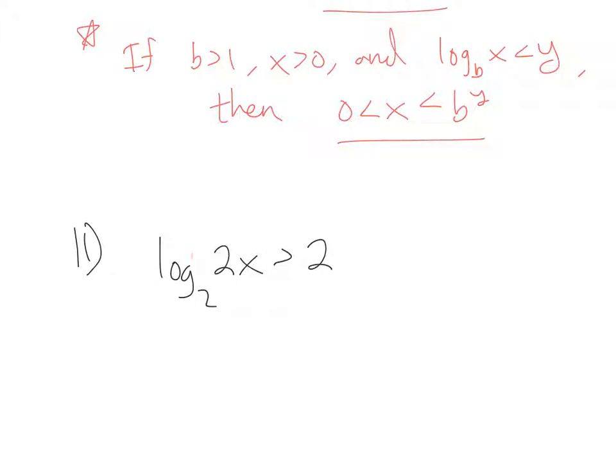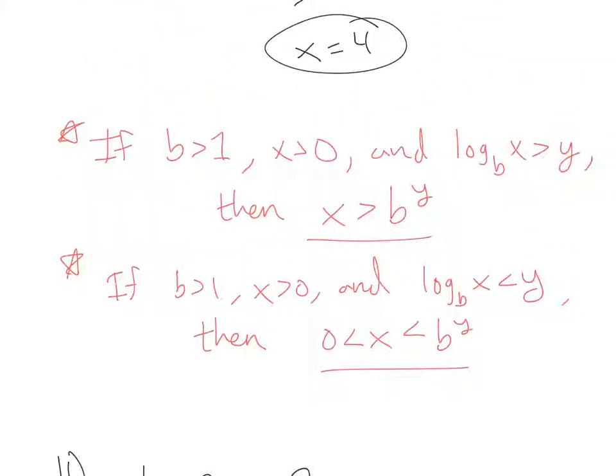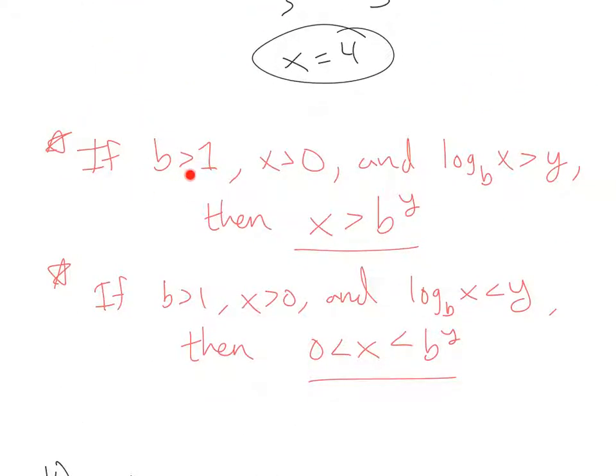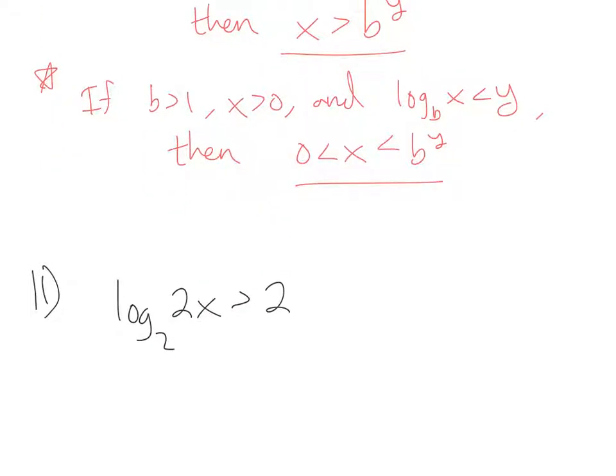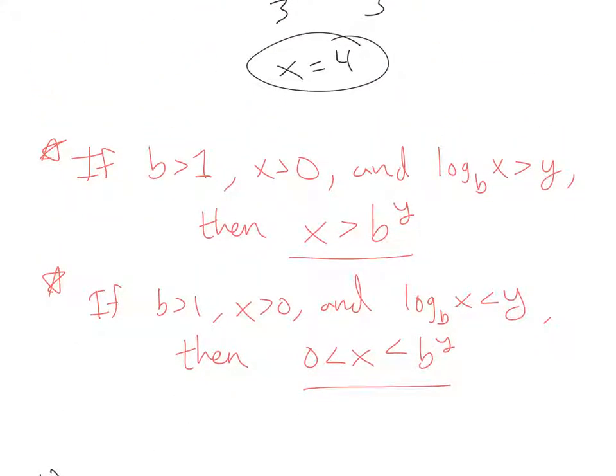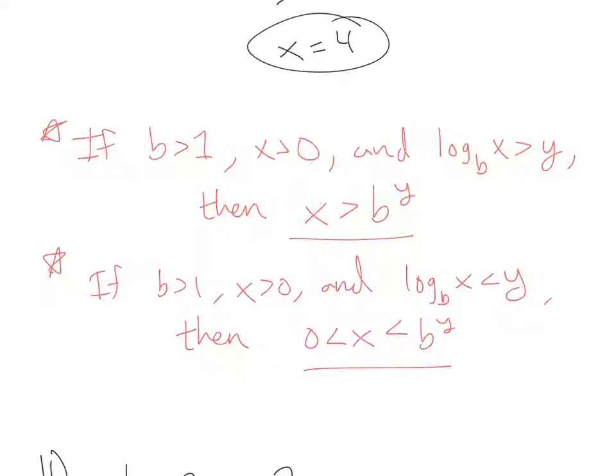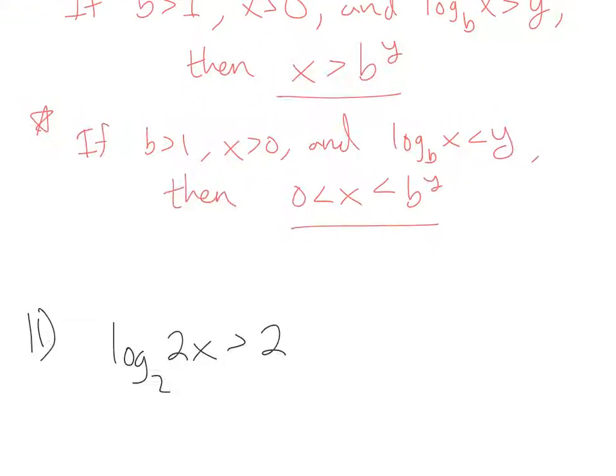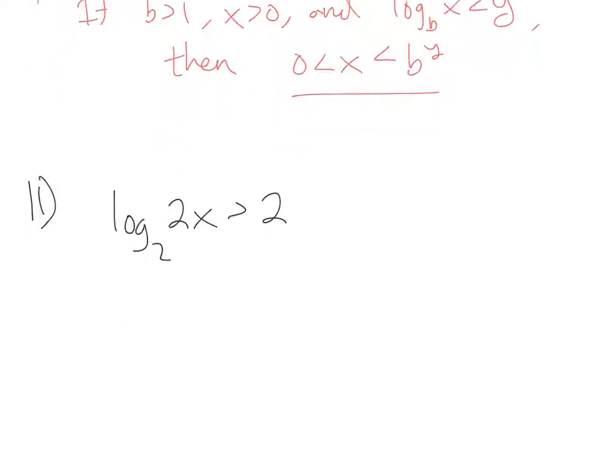And this particular inequality follows rule number 1, because we've got a base bigger than 1, our x is bigger than 0, and our log base b of x is bigger than y. So we're going to use this idea right here, x is greater than b to the y. So let's get this inequality set up in this form here.